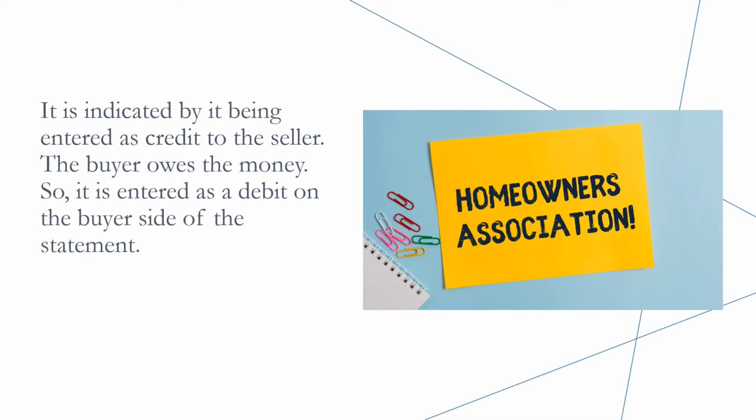It is indicated by it being entered as a credit to the seller. The buyer owes the money, so it is entered as a debit on the buyer side of the statement.